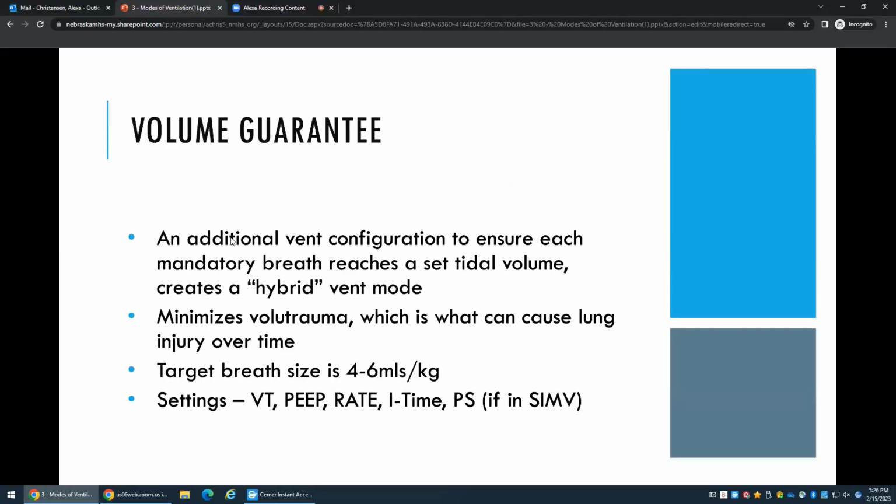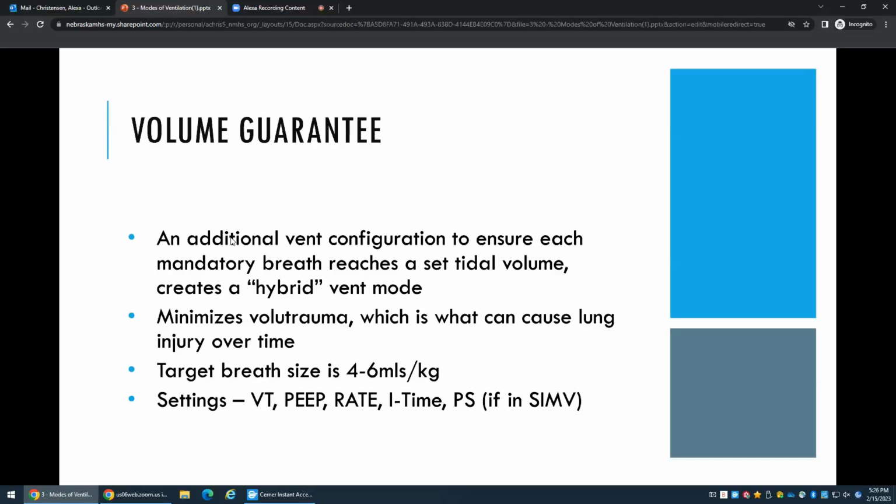Why do we want to use volume guarantee? The recent studies show that the changes in the size of your breath in mils, if you have large variations, can cause lung injury over time.